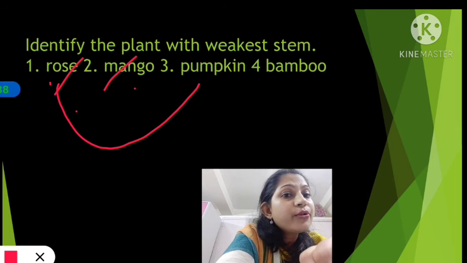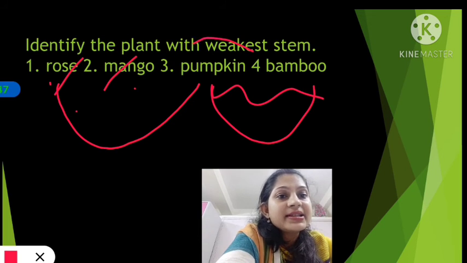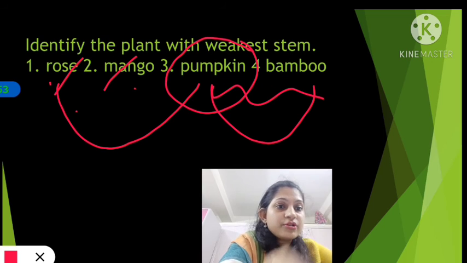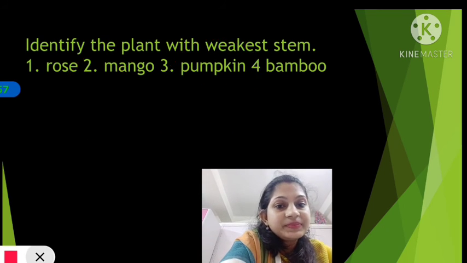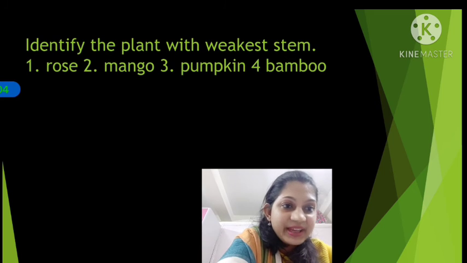So let us cut rose also. Now let us compare pumpkin and bamboo. Who among the two has the weakest stem? Answer is pumpkin. Its stem is so weak that it cannot stand erect also. And if I ask what type of plant it is, it is a creeper.